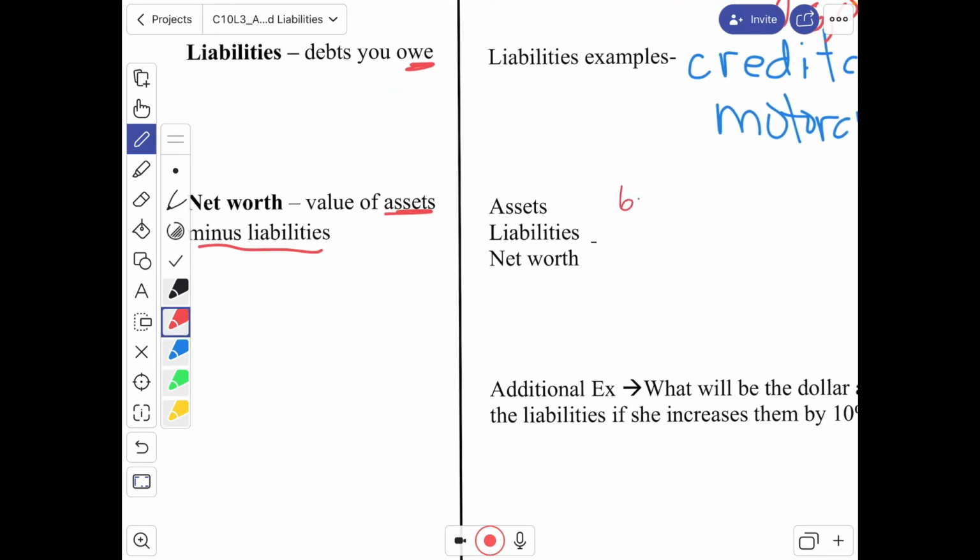So the assets were $6,015.52, and the liabilities were $1,797.98, and we want to subtract those two.